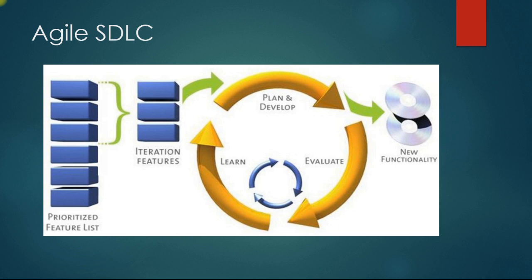And then you can move to the next iteration, the next 10 features, then the next 10. Like that, you need 5 iterations in this case. If you have 50 features to develop and you're breaking it down into 10 features at a time, then there will be a total of 5 iterations. And in every iteration, things can change.